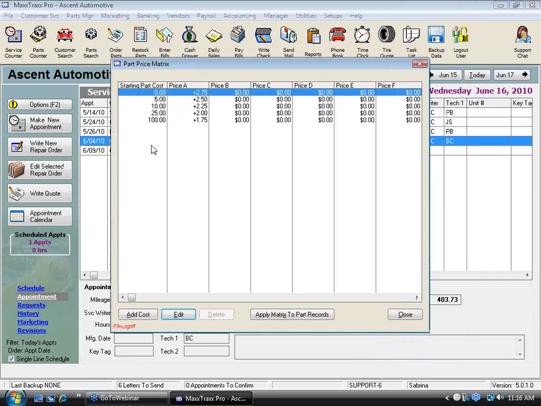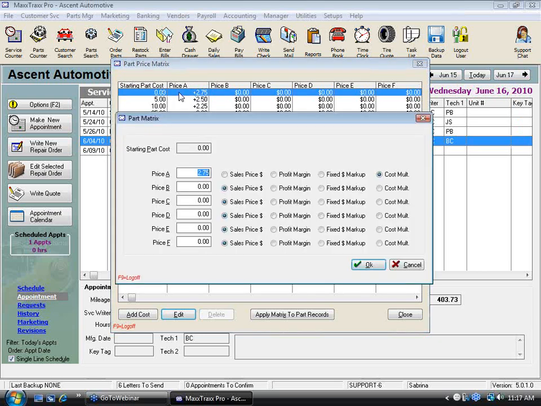You guys know you can set this up, and obviously I am using a cost multiplier method for this pricing. Anything from 1 penny to $4.99, I am doing a cost multiplier and charging 2.75 times the amount I paid for it. So if I paid $1 for a part, I'm going to sell it to the customer for $2.75.